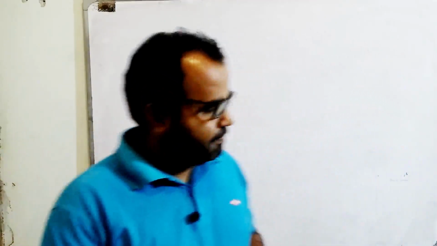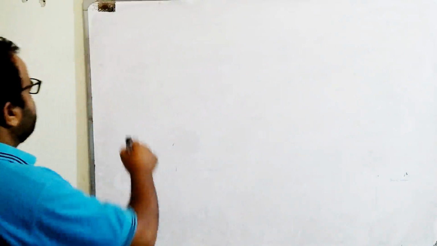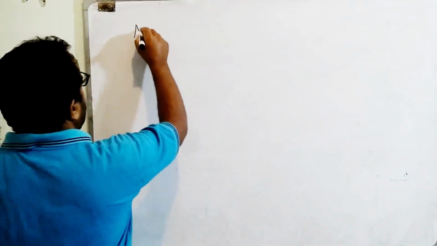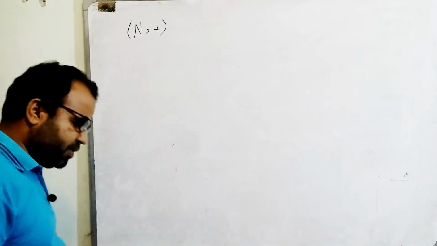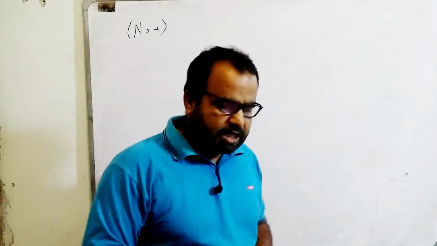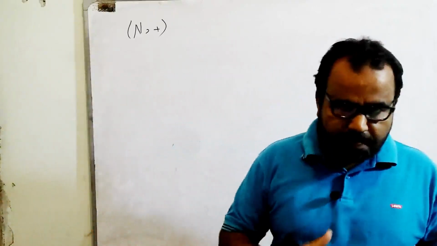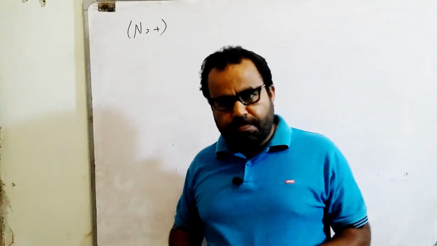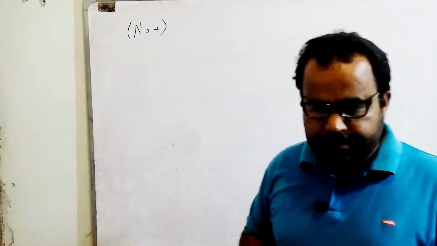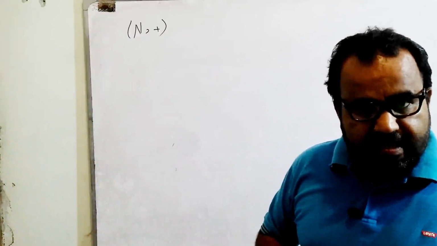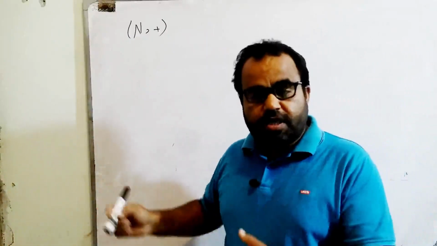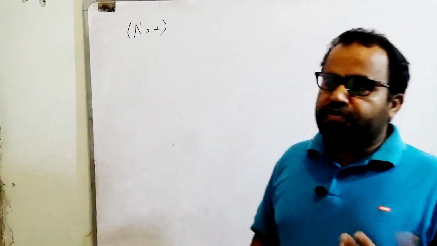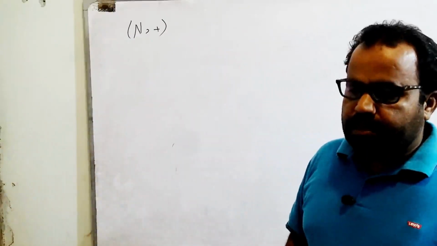Okay, let me consider the set of natural numbers under addition. If it is a group under addition, then we will check whether it is a group under multiplication or not. Okay, first we check under addition. The first property is the closure law.